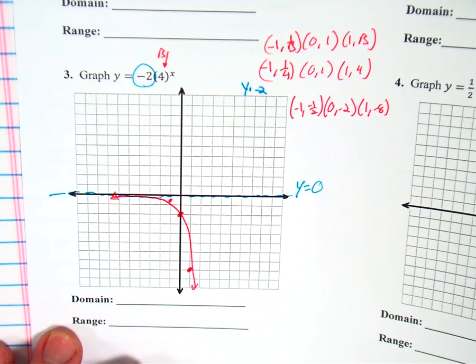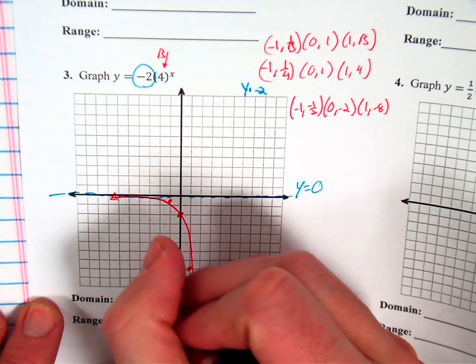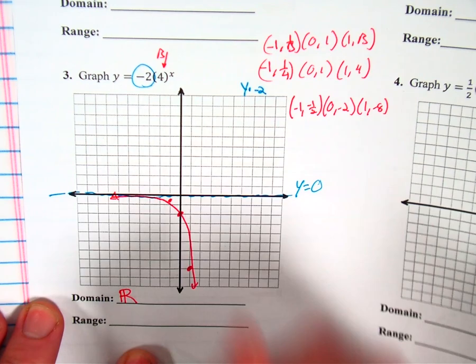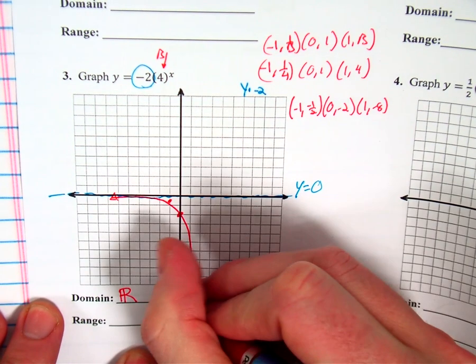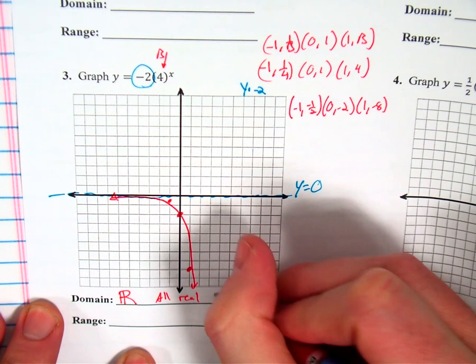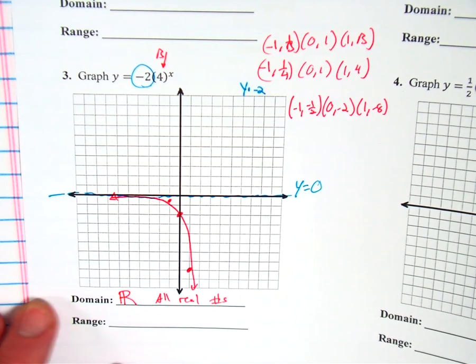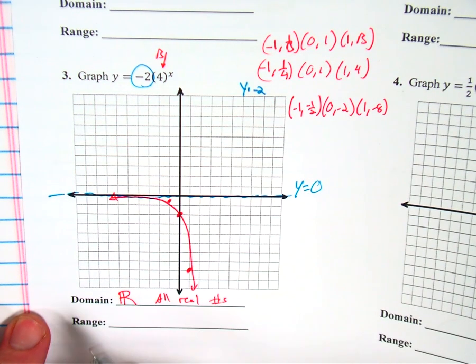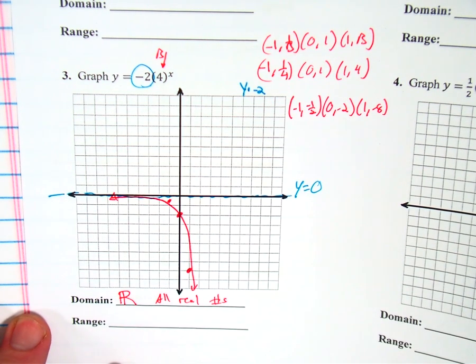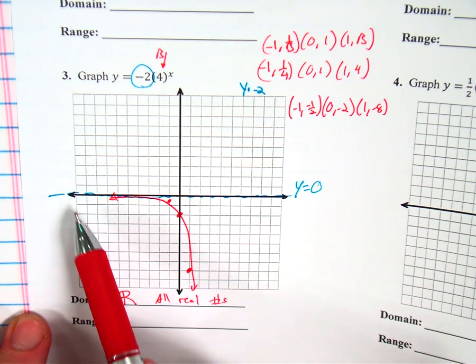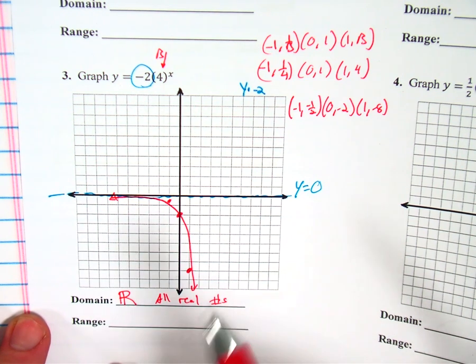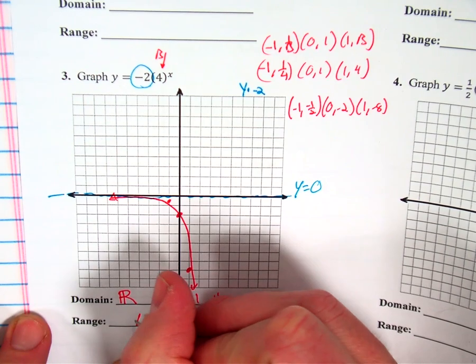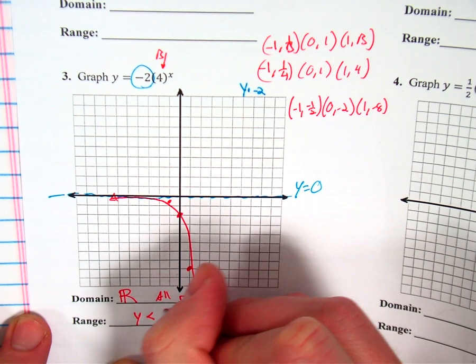All of our exponential ones should have all real numbers on the domain. And your range is going to be limited, based on your asymptote line. My entire graph is under the line y equals 0, so my y's are all less than 0.